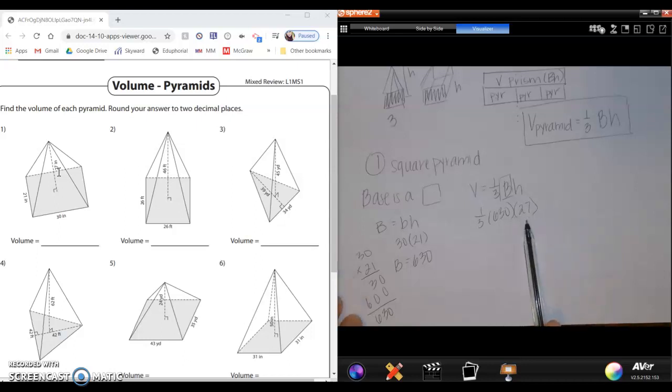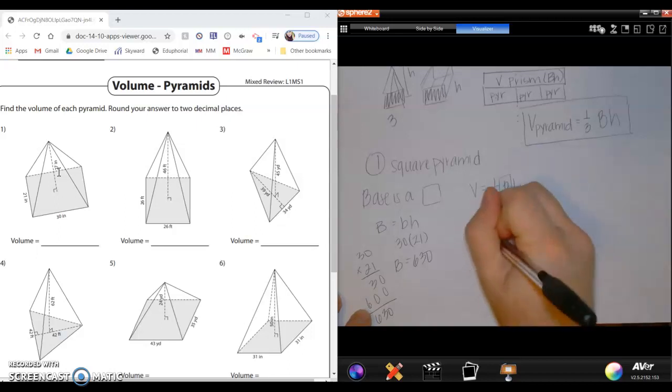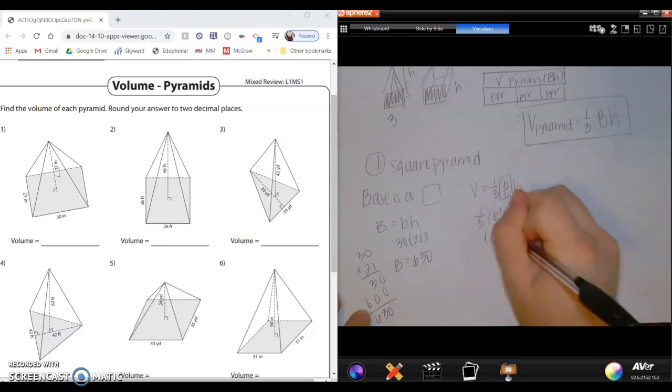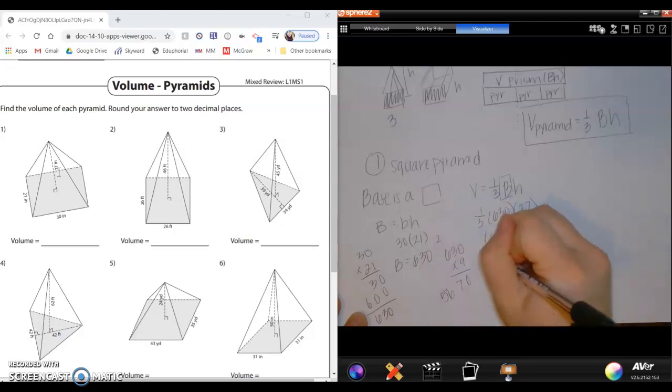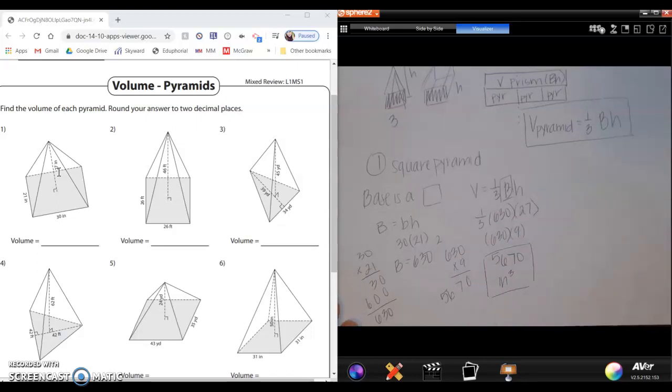I would rather take 1/3 of 27 because 1/3 of 27 is actually 9. So now I have 630 times 9, which gives us 5,670. And it's inches cubed because it is volume, a 3-dimensional measure. Okay? So that's our square pyramid.